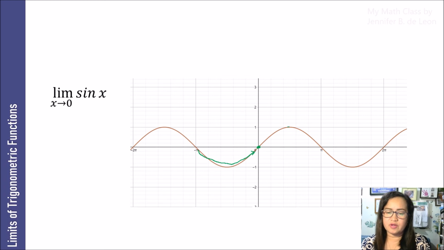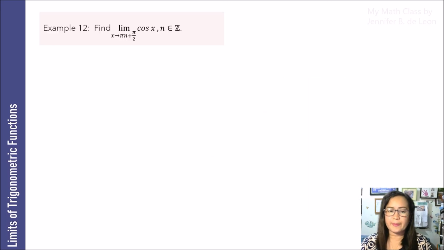Now, from the right, we choose this. We can also see that the value of sine x gets closer and closer to 0 as x approaches 0. Now let's take a look at the next example.